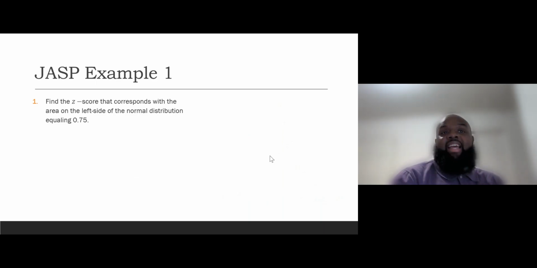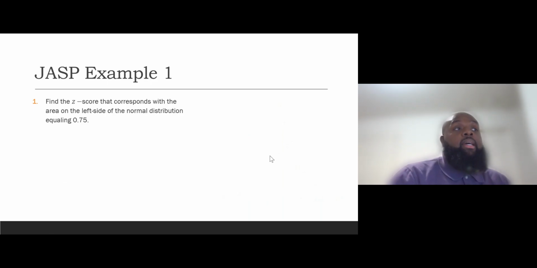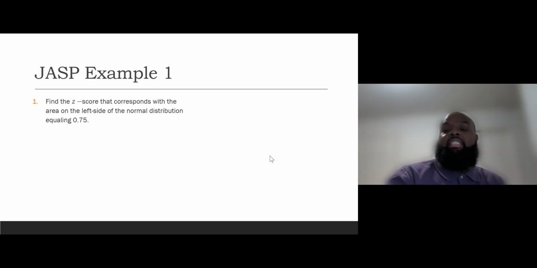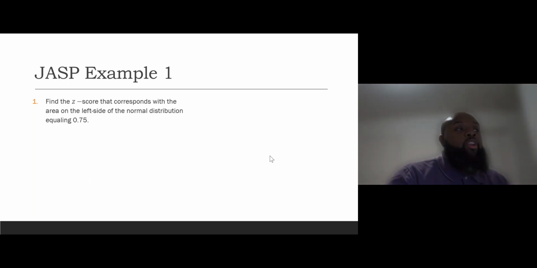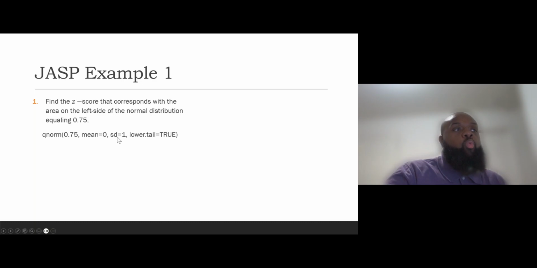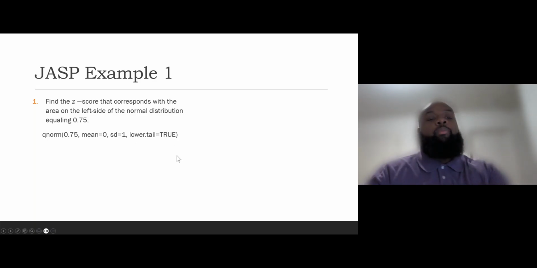Well, for me to find that Z score, I'm going to use my qnorm function that corresponds with the area on the left side of the normal distribution equaling 0.75. So I know my probability equals 0.75. Since I'm finding a Z-score, I know the mean is 0, the standard deviation is 1, and I know it is on the left side or the lower side of that distribution. So I'm going to have lower.tail equals true.